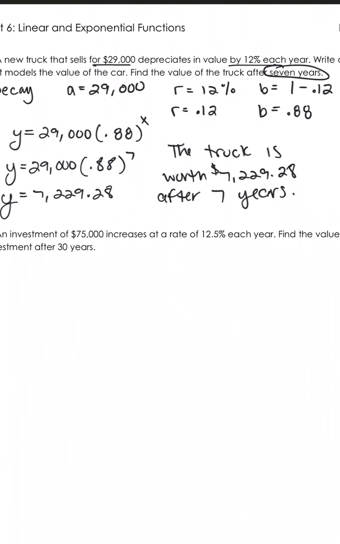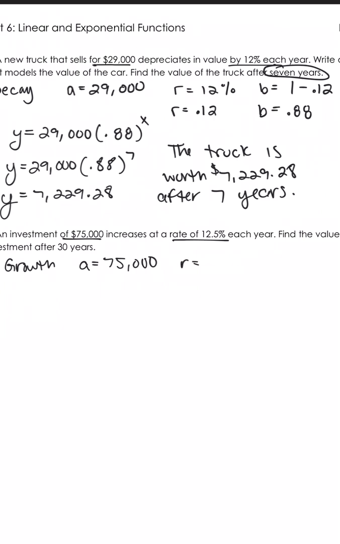We have an investment of $75,000. It's increasing at a rate of 12.5% each year. Find the value of the investment after 30 years. So I'm going to ask myself, is this growth or decay? This one is growth. We are increasing. My initial value is $75,000.